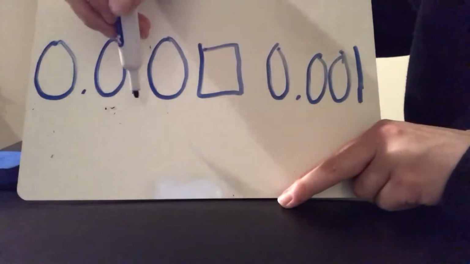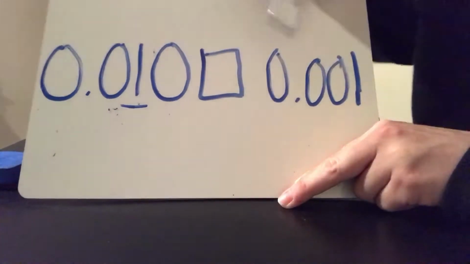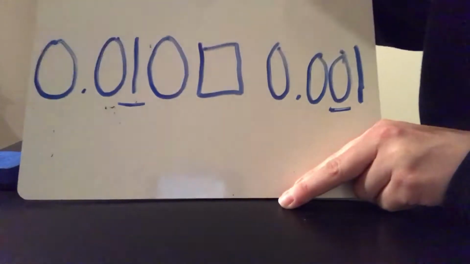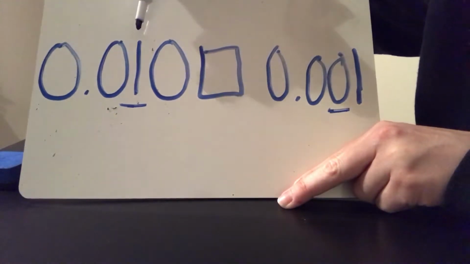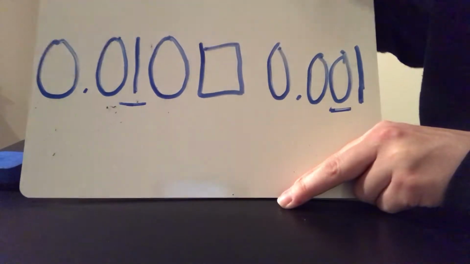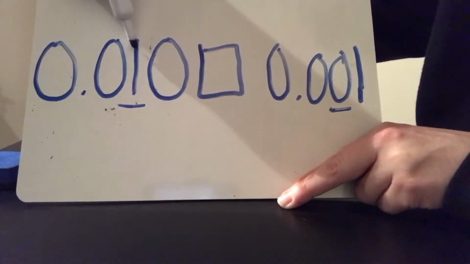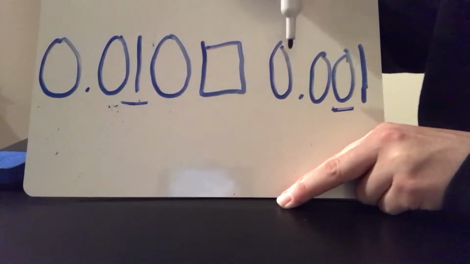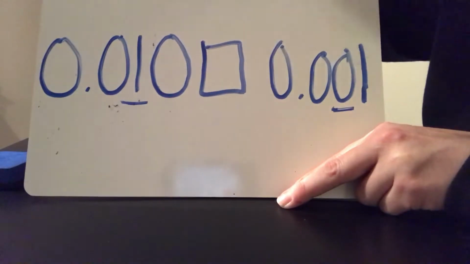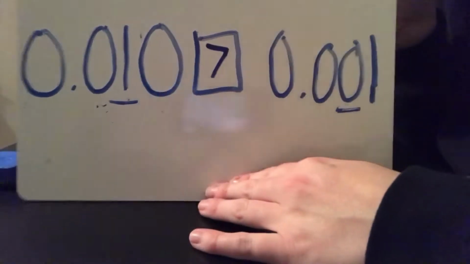Now this next one, the hundredths place, this is where the difference is. I know that 1 is greater than 0. So therefore 0 and 1/100th is greater than 0 and 1/1000th because the 1 is in the thousandths place. So your answer is going to look like this.